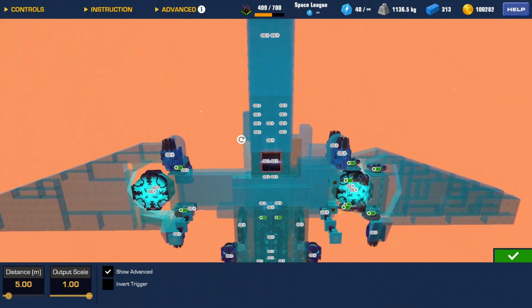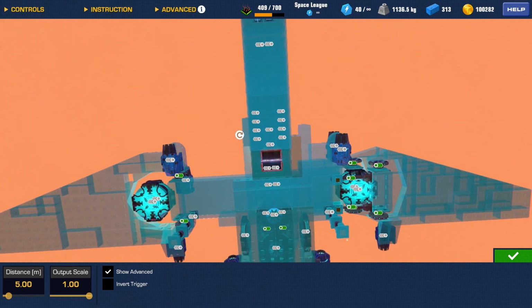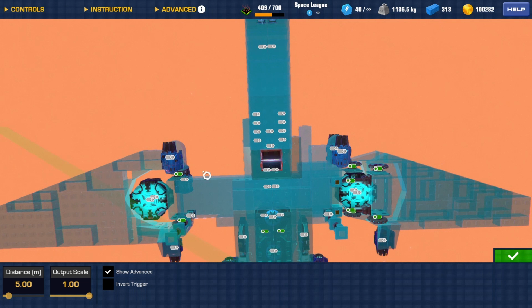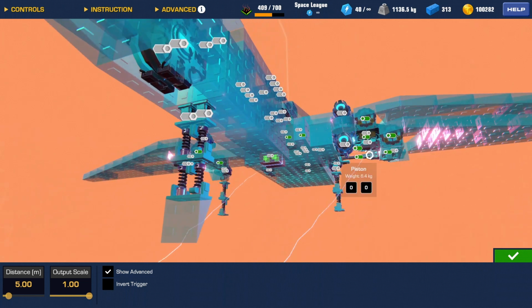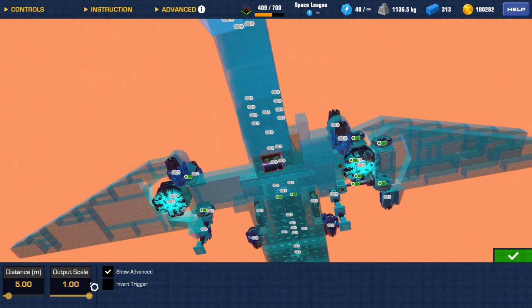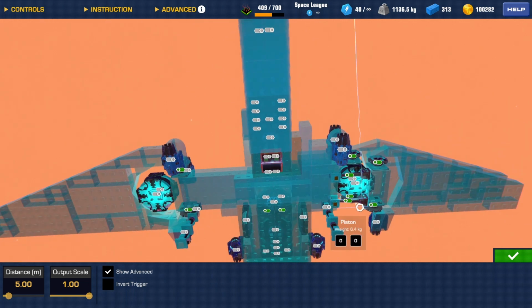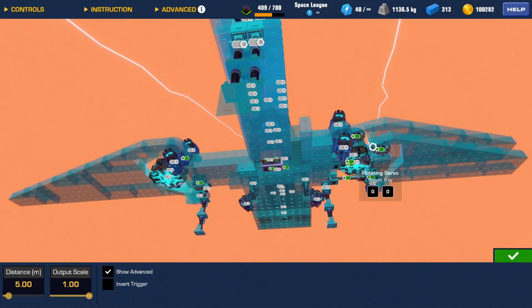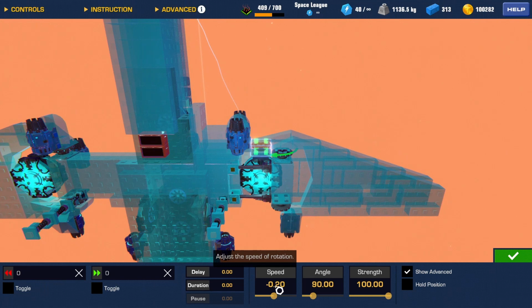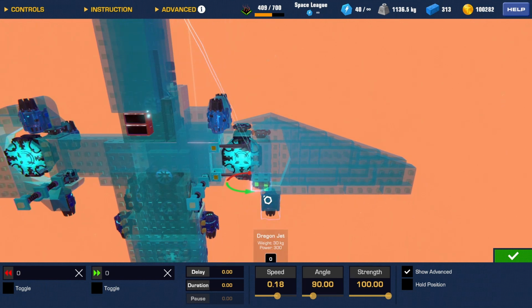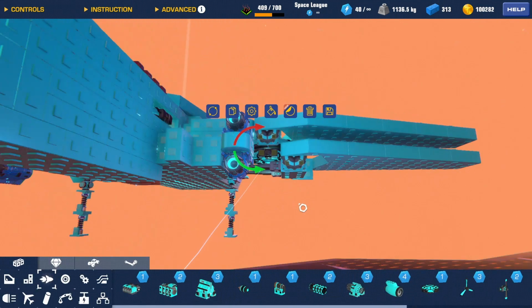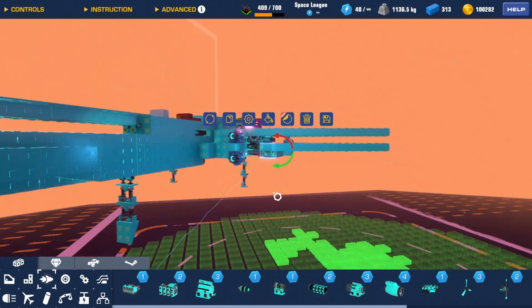Once below 5 meters, I have this distance sensor hooked up to all of the rotating servos on the wings and to these two pistons. It has a positive output, therefore the pistons will extend, and the rotating servos, I've made sure that all of their speeds are correct so that they all rotate in the upwards direction.